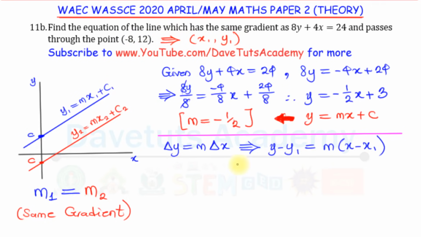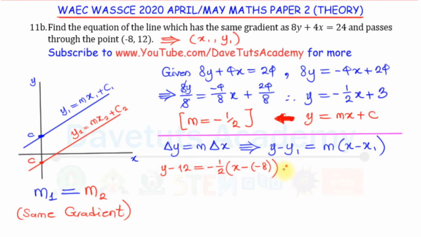So here, if you want to plug in those values as appropriate, this is now going to give us y minus, our y1 is 12, so we have 12 is equal to, what's the value for our m, the gradient? That is minus 1 over 2 multiplied by x minus x1, and that x1 is not 8, it is minus 8, so we need to put it appropriately as minus 8.